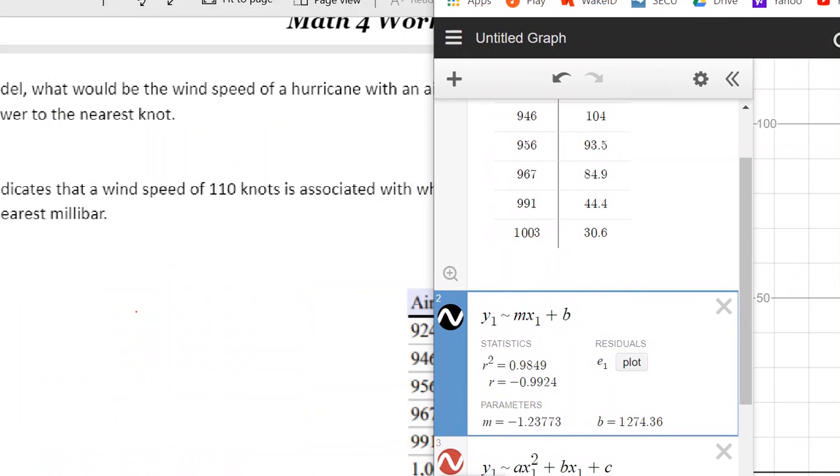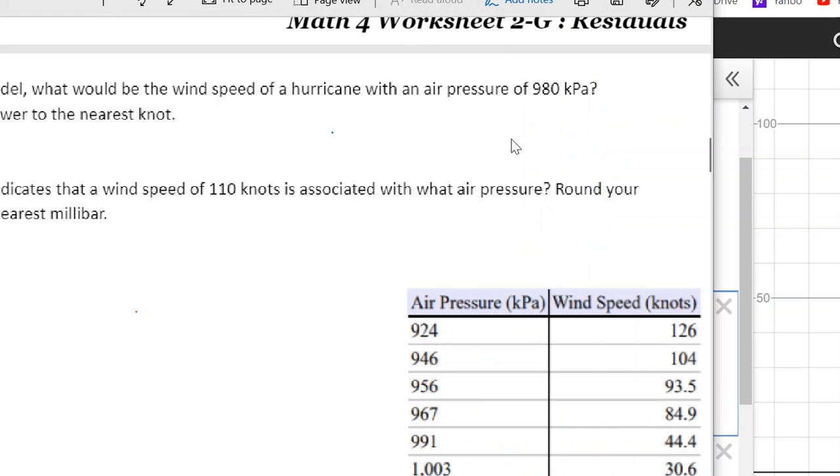61.382. So we're going to come over here and say 61.382. Now, when I look at the wind speeds, they are no bigger than 1/10, or 1 decimal place.